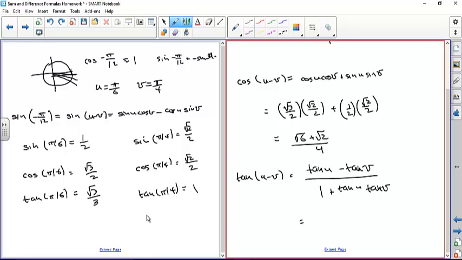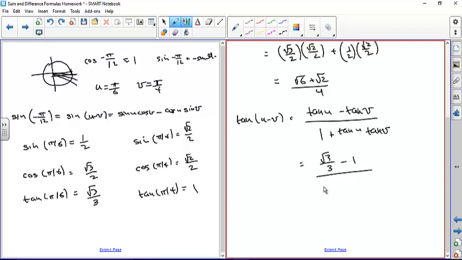So our numerator is the square root of 3 over 3 minus the tangent of v, which is 1, divided by 1 plus the tangent of u, which is the square root of 3 over 3, times the tangent of v, which is 1.